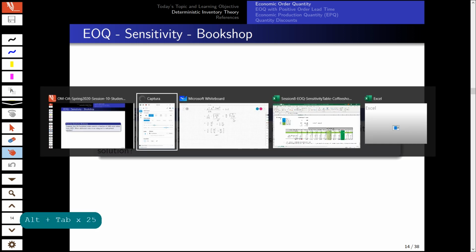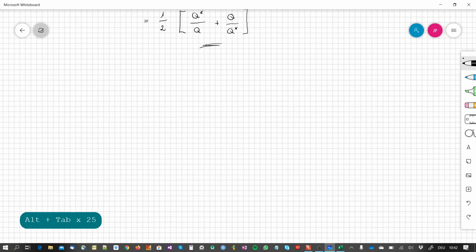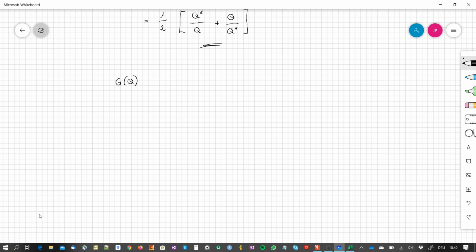For that purpose, we take the whiteboard again and calculate the costs that occur when ordering the 1,000 despite the optimal order quantity that we calculated. I rewrite the formula.